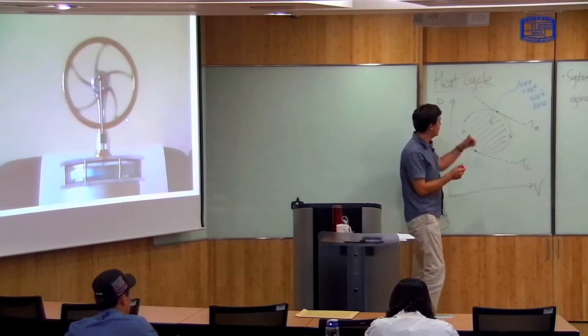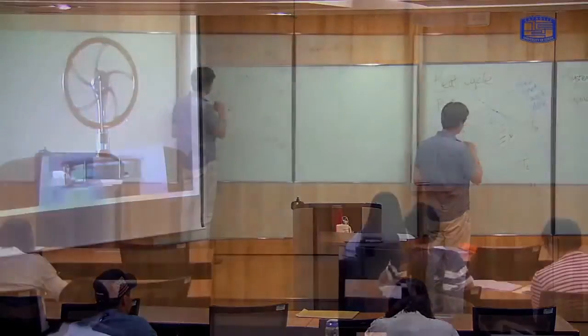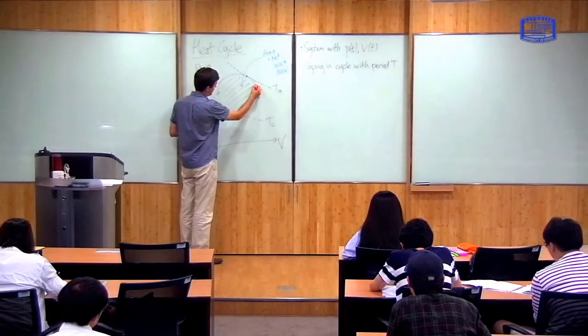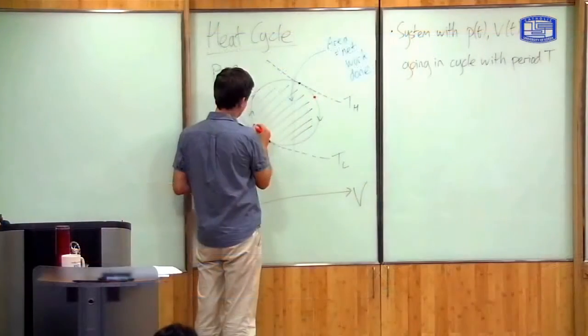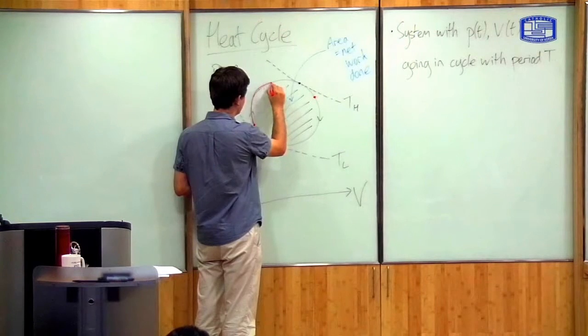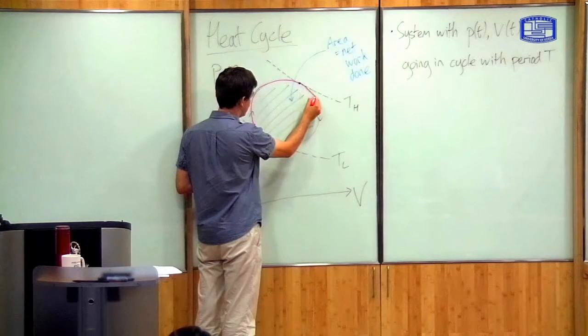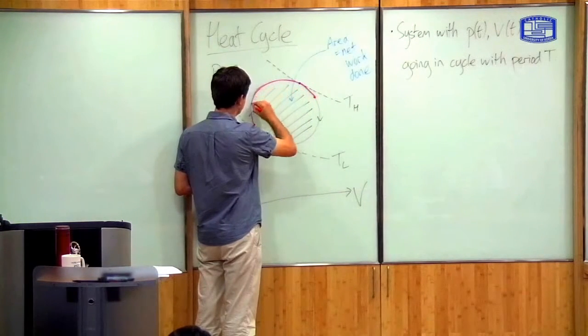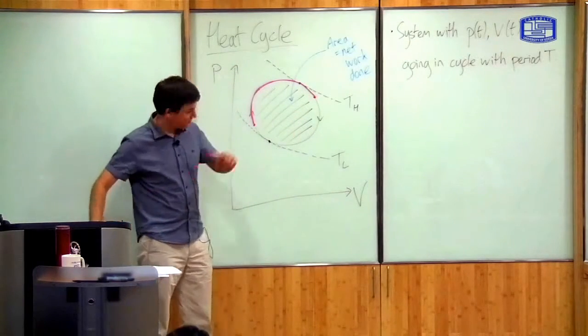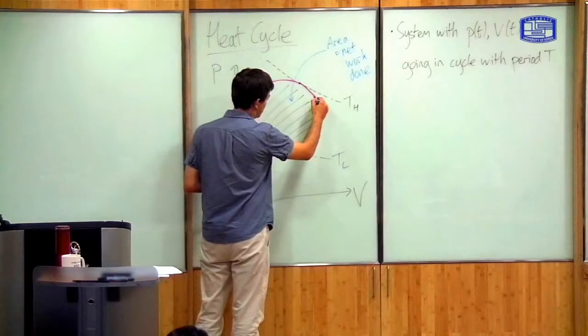So heat is going in or out. And in this case, we can say that heat is going in from somewhere here to about somewhere here. So over this part of the cycle, heat is going in. And over the opposite part of the cycle, heat is going out.